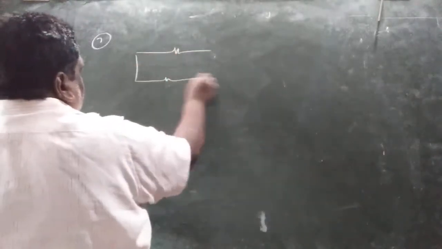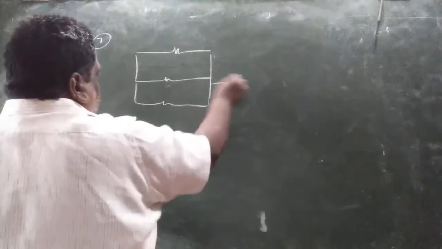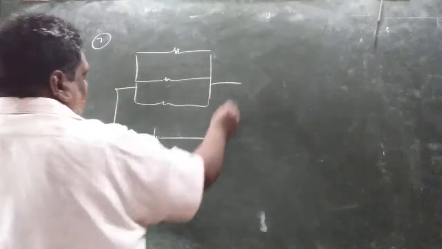Seventh question. There are 1 ohm, 2 ohm and 6 ohm resistors joined in parallel across a battery. Here is 1 ohm, here 2 ohms, here 6 ohms, and here is the battery.